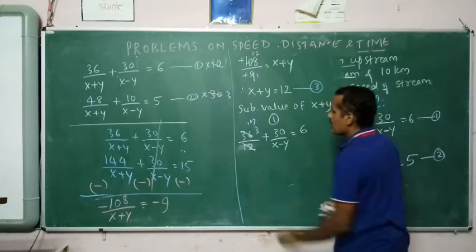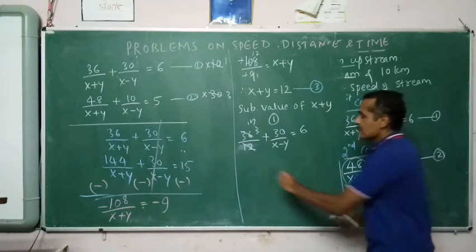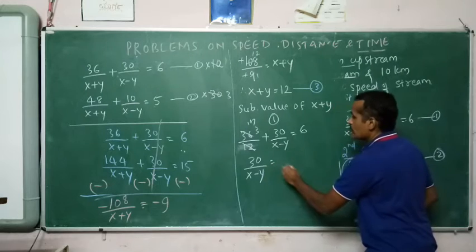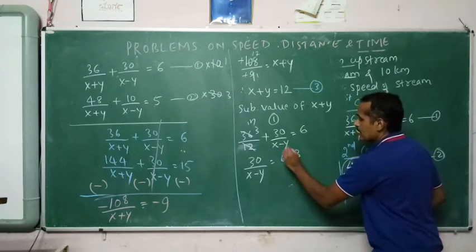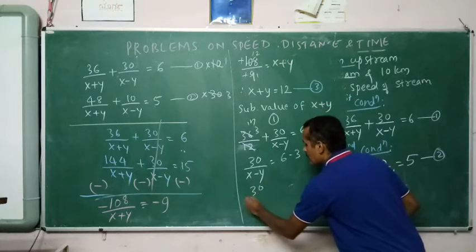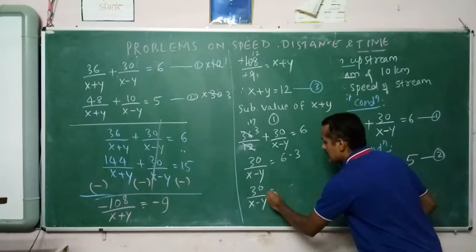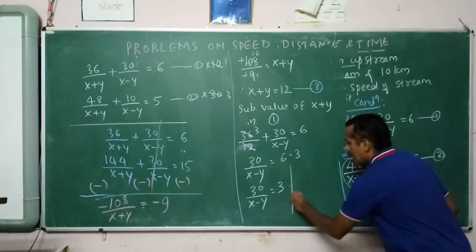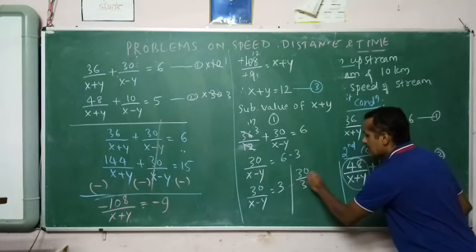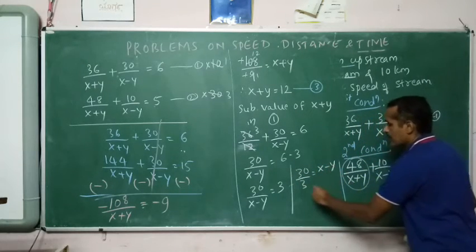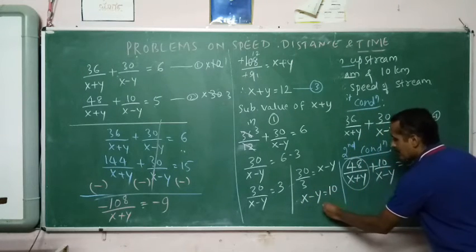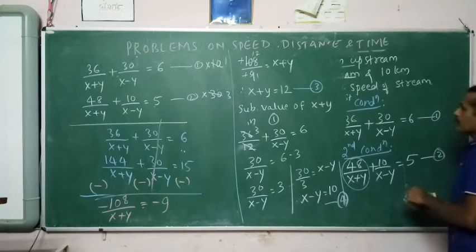3 times 12 is 36. This goes to the RHS. 30 divided by x minus y is equal to 6 minus 3. 30 divided by x minus y is equal to 3. 3 will come to the denominator. I got 30 by 3 is equal to x minus y. Therefore, x minus y is equal to 10. Call it equation number 4.